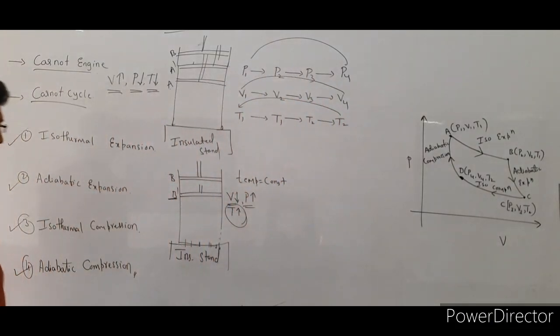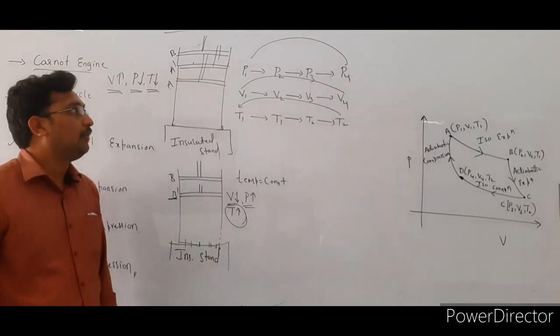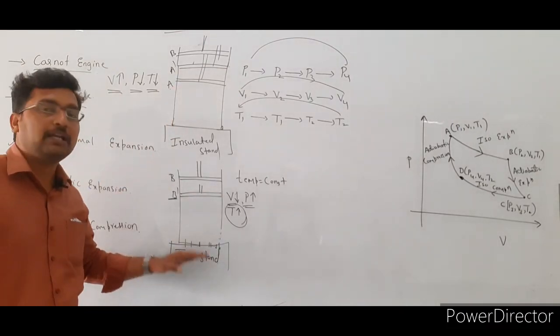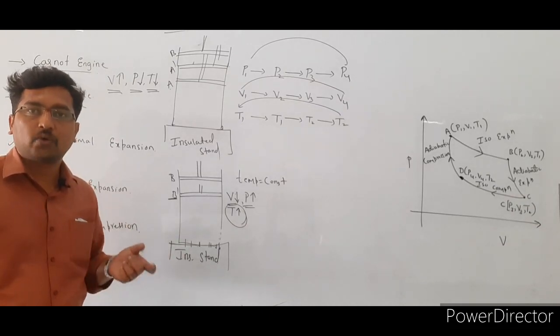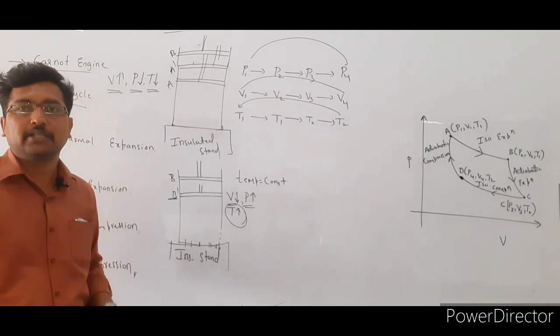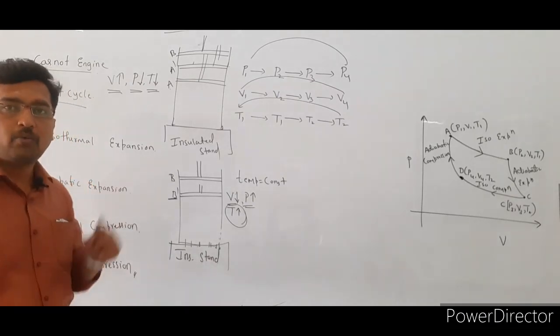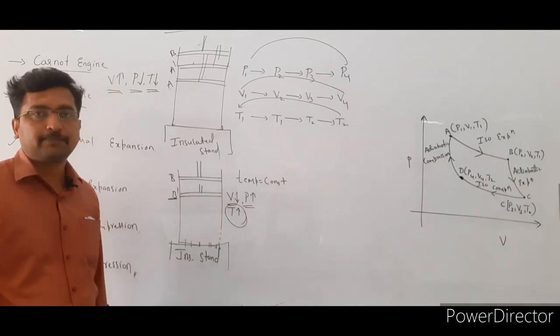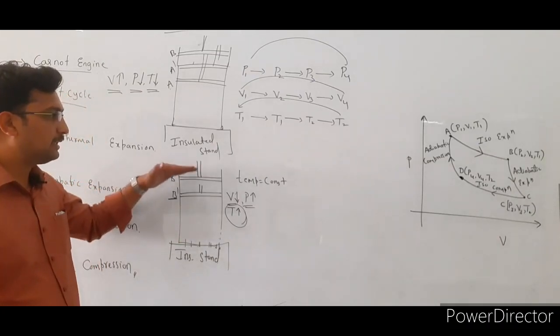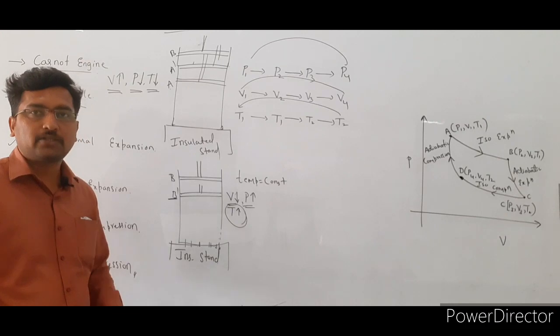After that, the third step is isothermal compression. We place the same cylinder on a sink. What is the use of the sink here? The sink is a cold body that maintains a very low temperature, and it absorbs the rejected heat from the working substance. Again, we compress that cylinder isothermally.